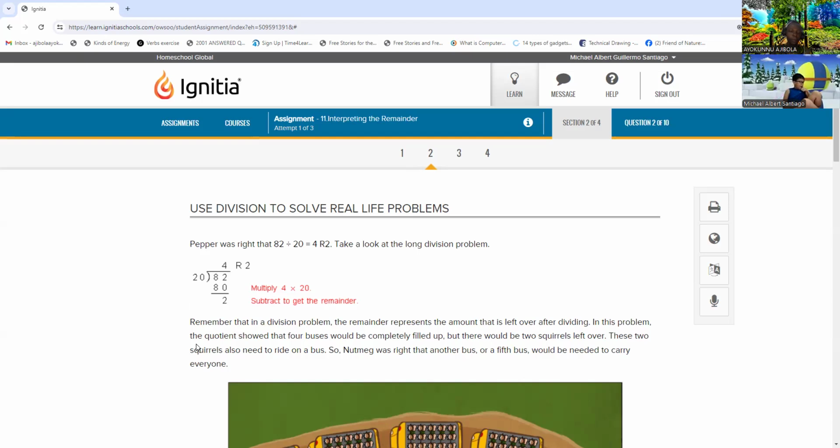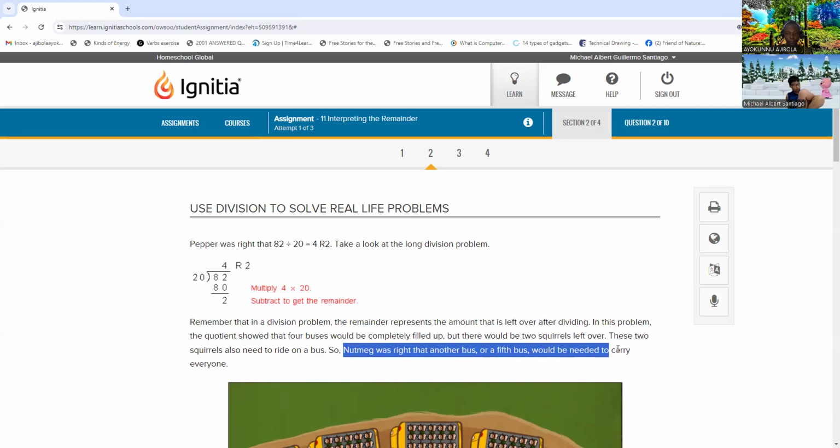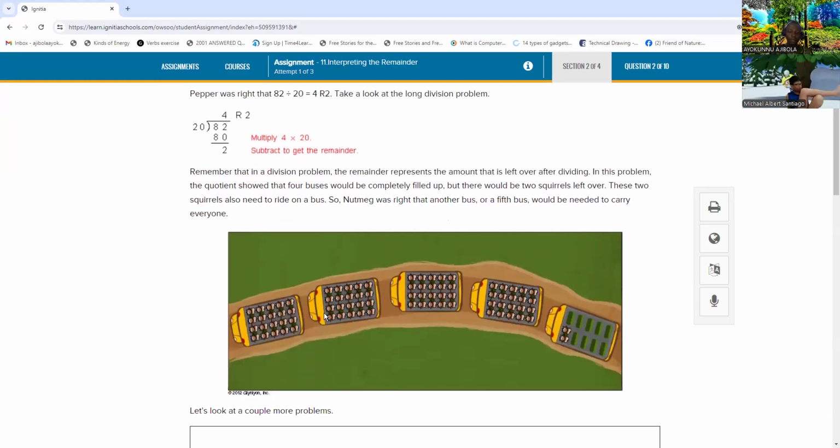So in this problem, the quotient showed that 4 buses will be completely filled up, but there would be 2 squirrels left over. Is that clear? So these 2 squirrels need to ride on the bus as well. So Nutmeg was right. Another bus, a 5th bus, will be needed to carry everyone.